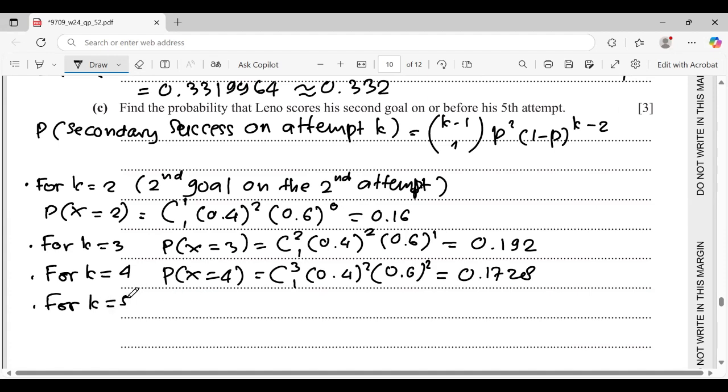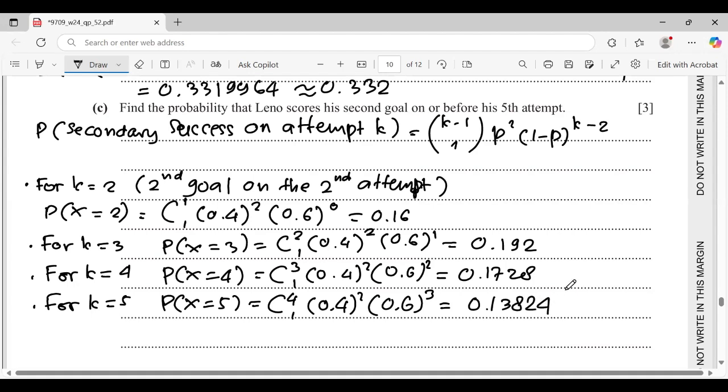Next, for K equal 5. For K equal 5, this is the second goal on the fifth attempt. So probability x equal 5 is combination 4, 1, times 0.4 squared, 0.6 cubed. And if you compute, this is 0.13824.